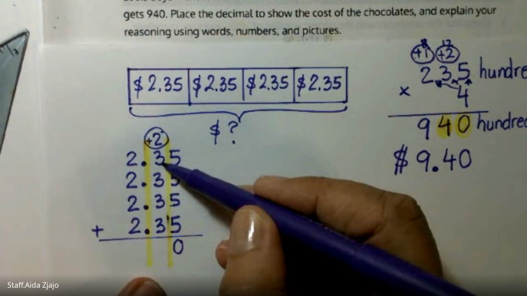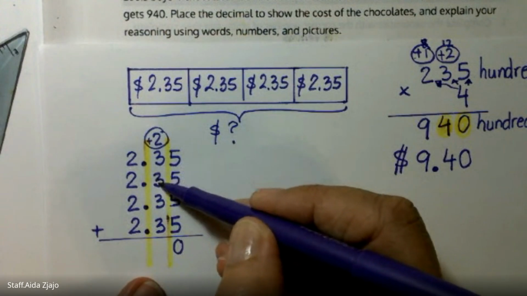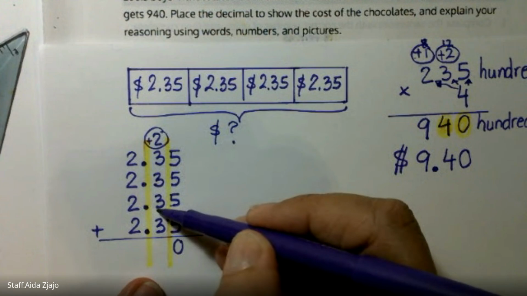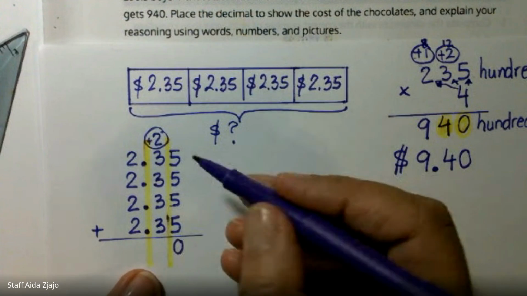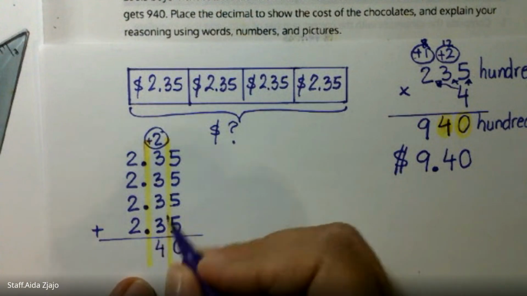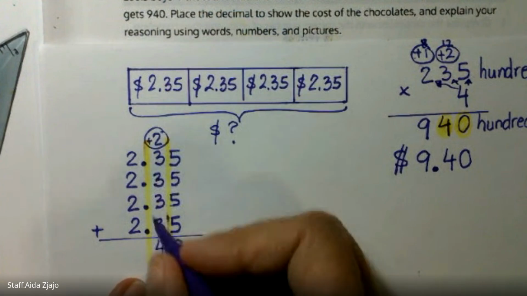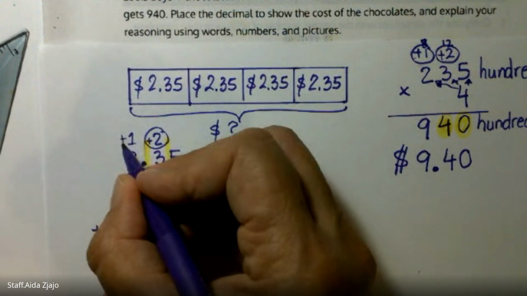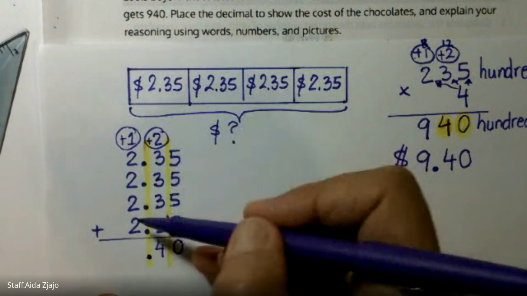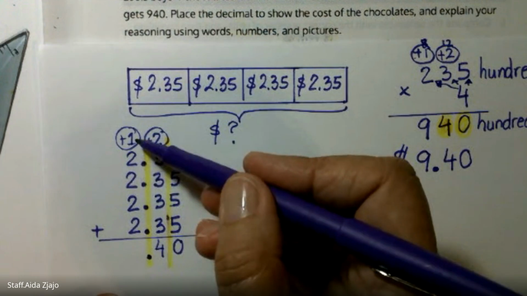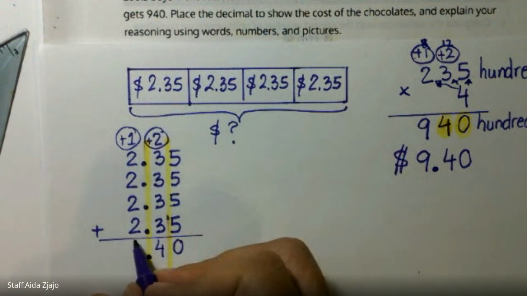2 and 3 is 5. 6, 7, 8, 9, 10, 11, 12, 13, 14. So this should be 4 times 3 is 12 plus 2 is 14. I made 1 dollar and that is 2, 4, 6, 8, and 1 is 9.